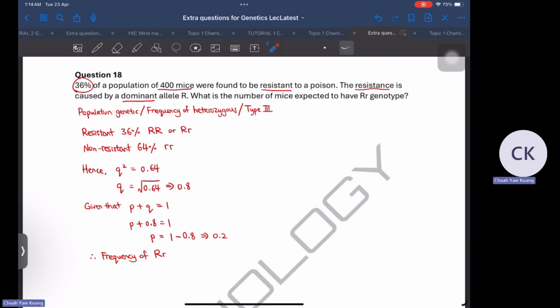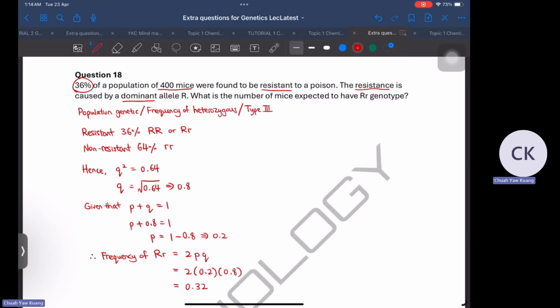So the frequency of the heterozygous would be 2PQ. So 2 times 0.2 times 0.8 gives us 0.32.